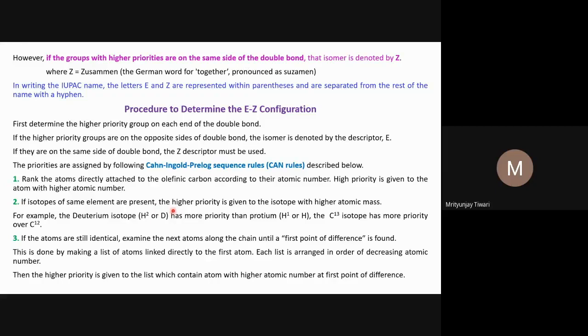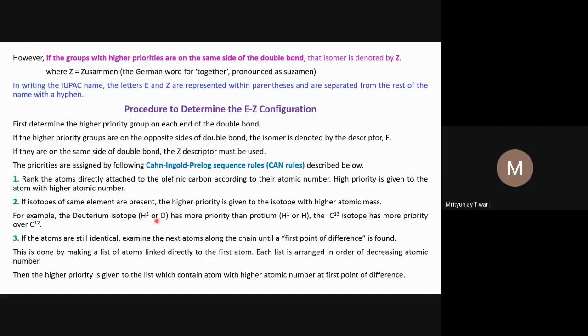Suppose deuterium and hydrogen are attached to the same olefinic carbon atom, then in that case as well we will see geometrical isomers. Even if isotopes are there, we get geometrical isomers, because they are not the same groups. Although they have the same number of protons in their nucleus, they are different groups having different size, so the heavier isotope will be given higher priority.